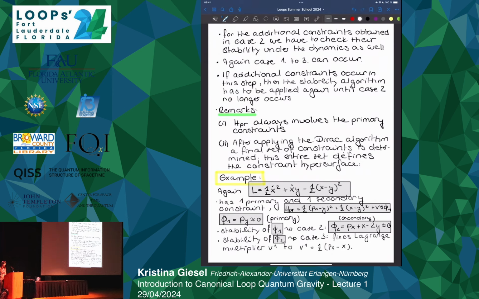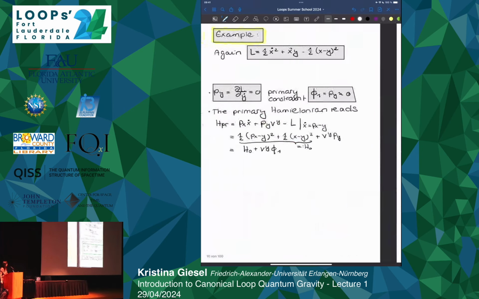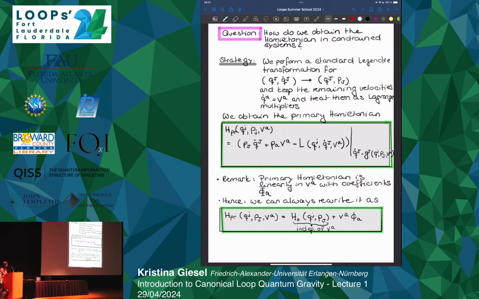My question is, Lagrange multipliers are more general than just the velocities, right? Because I'm getting the idea that we're interpreting the Lagrange multipliers here as velocities. Yes, but they are more general. They're not always just the velocities. This goes back to the way we construct the primary Hamiltonian.